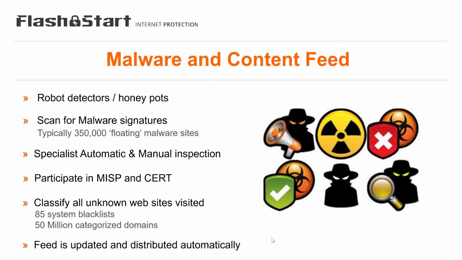We use a combination of automatic and manual inspection. We use specialist companies who are highly focused upon malware feeds especially, and we participate in the appropriate professional bodies. We currently classify about 85 system blacklists, so standard categories you can choose, and that's about 50 million categorized domains. The feed is distributed and updated automatically.